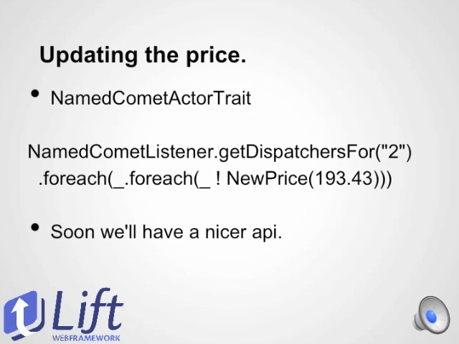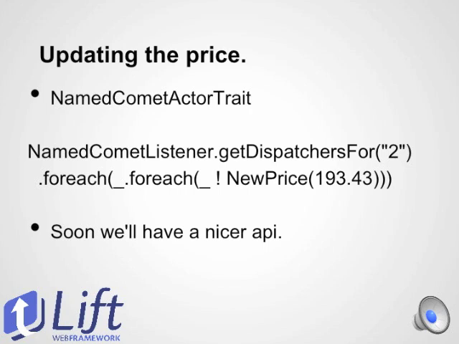To be more specific, this is what you will be calling from your Comet snippet. And actually you can call this also from a regular snippet, not just from Comet actors. There's a singleton, so you just call it directly, name Comet Listener. There's this method called getDispatcherFor, and the parameter you give it is how you name the actor.